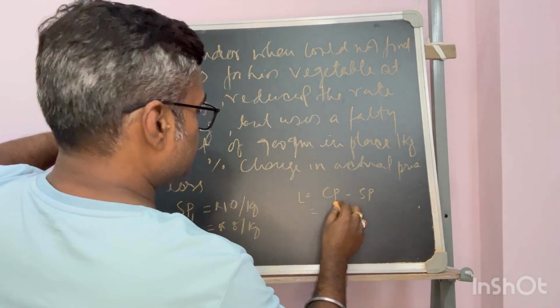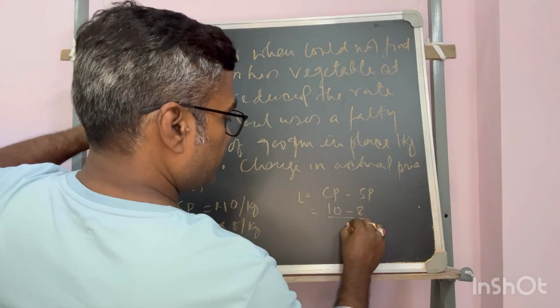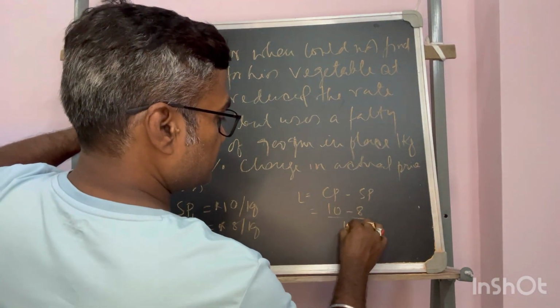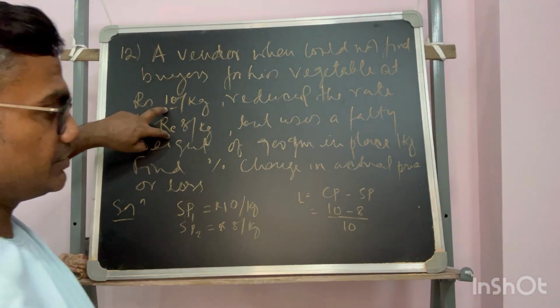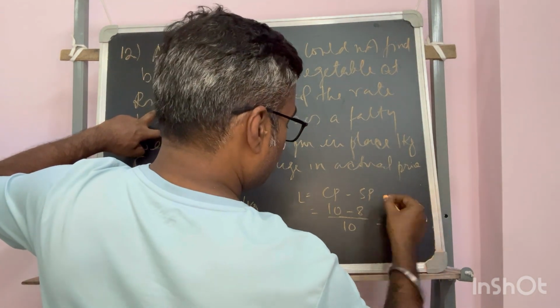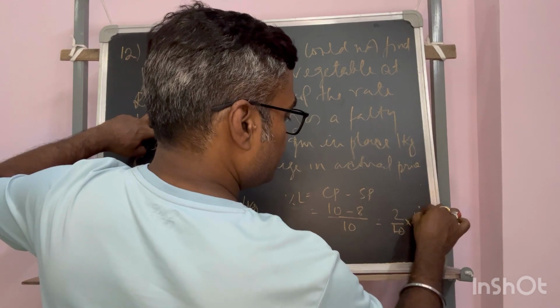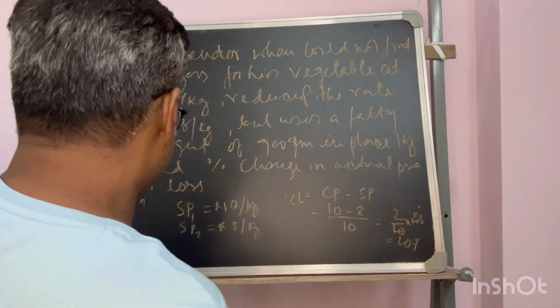So the loss is equal to 10 minus 8, divided by the cost price 10, isn't it? So this is equal to 2 upon 10. Now if it is percentage, you multiply by 100, so 20% loss. This is the loss percentage.